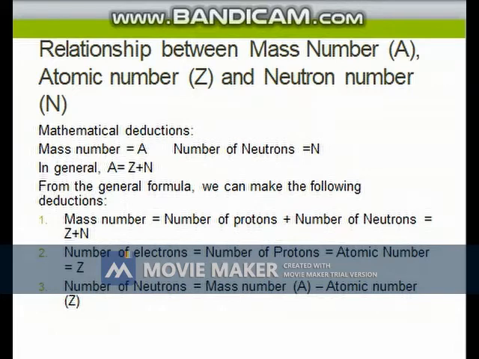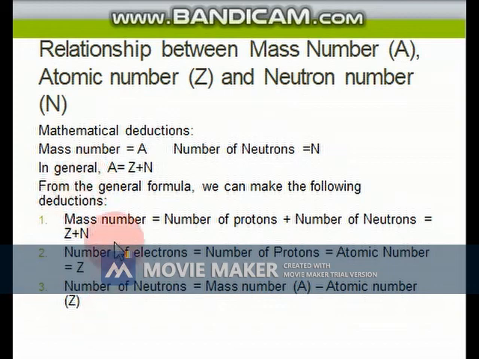So we are going to look at the relationship between mass number, atomic number, and neutron number. The mathematical deductions that we make is that the mass number is represented by the symbol A, the number of neutrons by N. In general, the mass number is equal to Z plus N, where the Z is representing the atomic number and then the N is the number of neutrons.